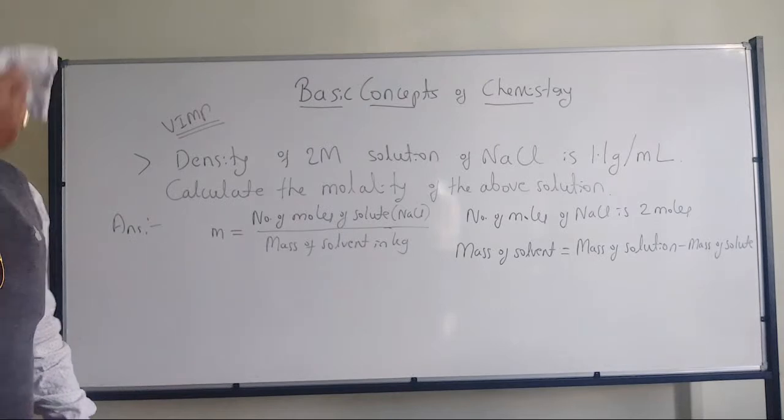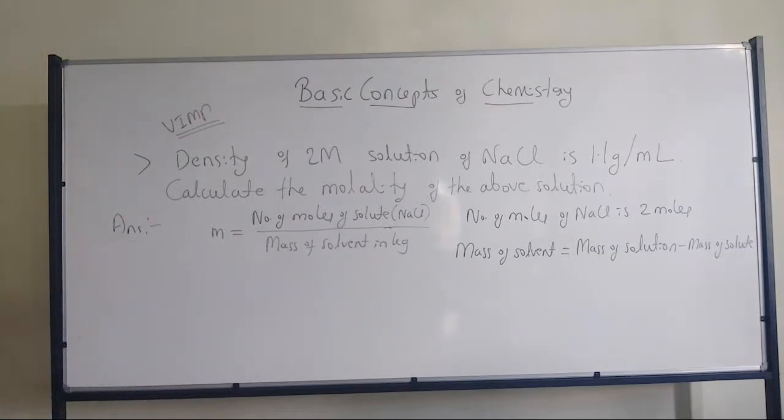All of you will agree? That's where we can calculate the mass of solvent. They have not given the mass of solvent. We have to find it out. So for that we should first find out the total mass of solution minus the mass of solute. Got my point?